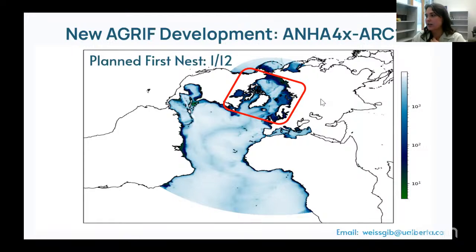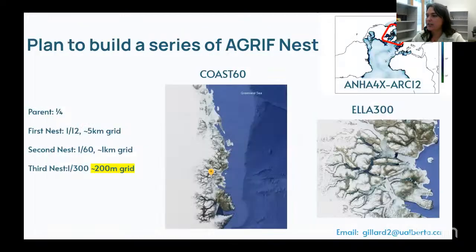So this here is our Arc12, which covers the Arctic at 1/12th degree with the background parent nest at 1/4 degree. This is one project we've been working on with some observationalists out of Lau Fjord here, building a series of AGRIF nests at higher resolutions to look at coastal fjord processes.